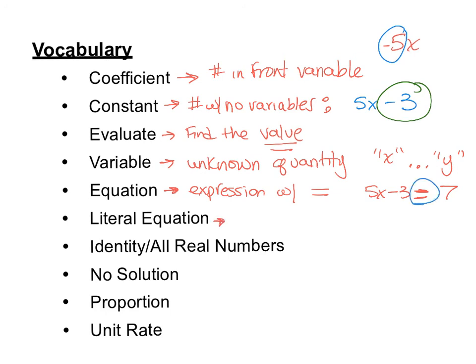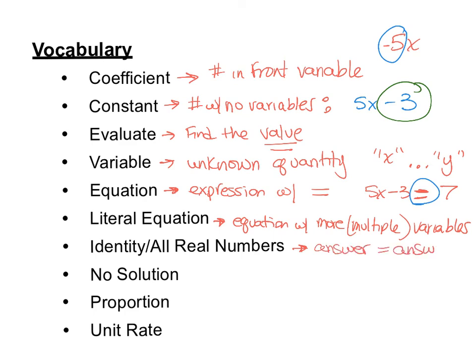A literal equation is an equation with more than one variable or multiple variables. Identity, all real numbers, means that the answer is equal to itself. There's infinite solutions, because it's the same equation.